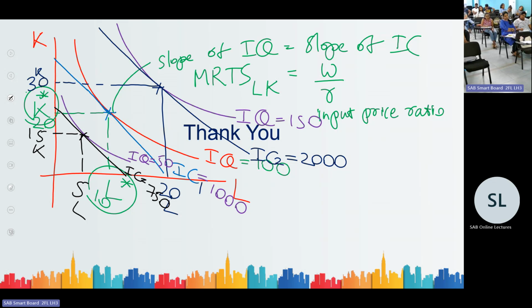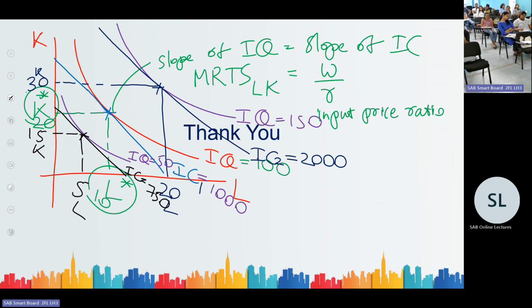So when the firm produces 50 units of output, the optimum combination is 15K units and 5L units. When the firm produces 100 units of output, the optimum combination will be 20K units and 10L units. When the firm produces 150 units of output, the optimum combination will be 30K units and 20L units.